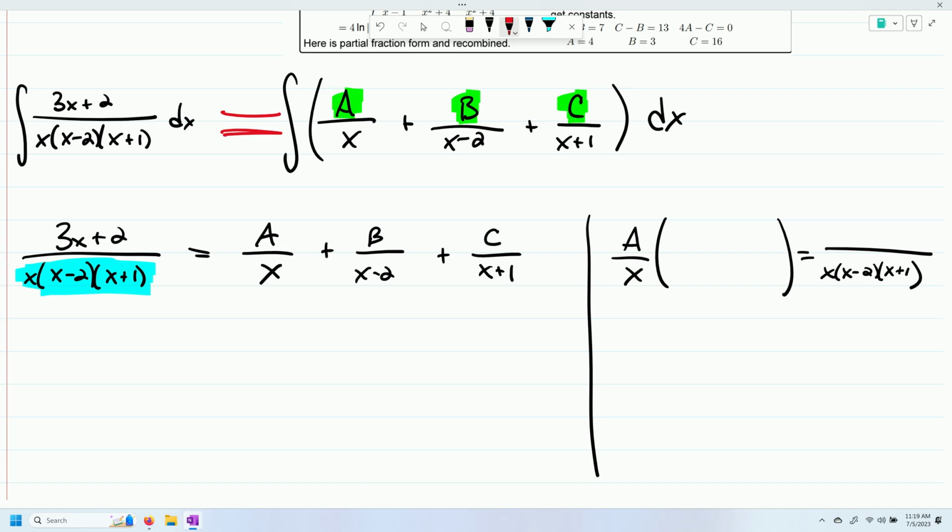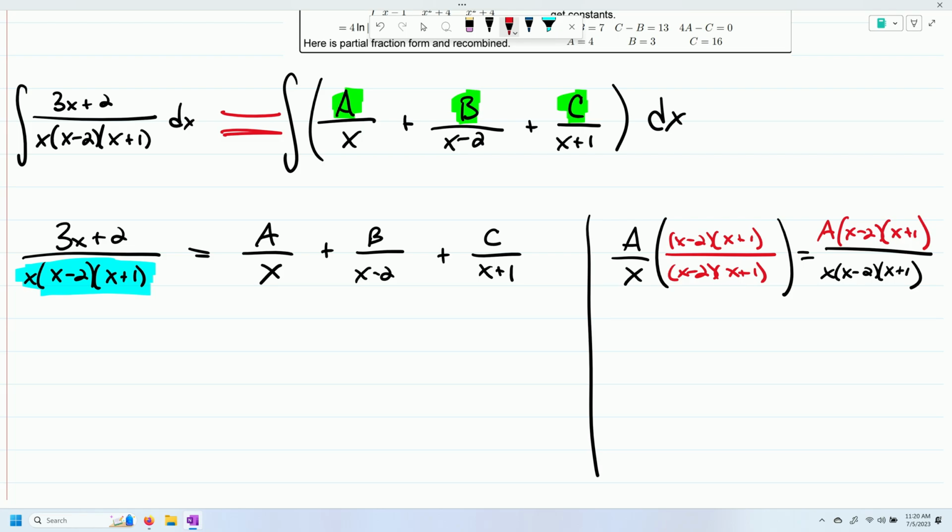Therefore, we're going to multiply a over x by the quantity x minus 2 times x plus 1 over the quantity x minus 2 times x plus 1, and you end up getting a times the quantity x minus 2 times the quantity x plus 1. This is what you end up getting, and this is what we mean by we're going to build equivalent fractions.